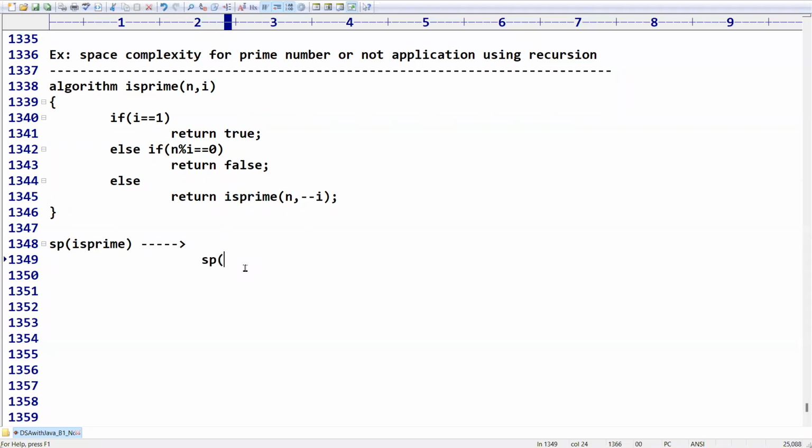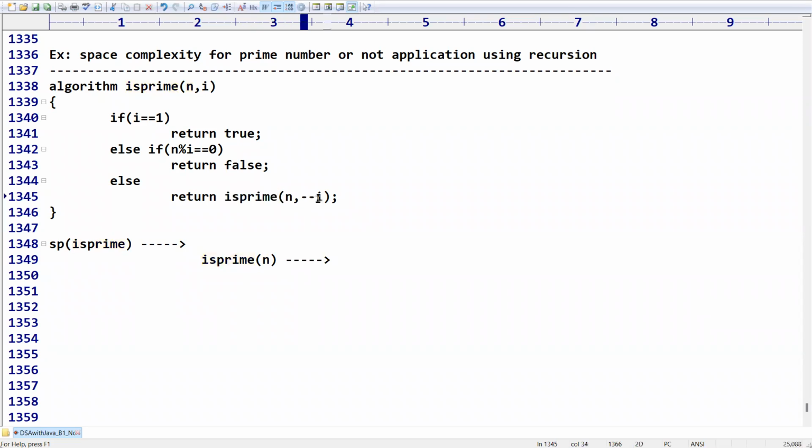Space complexity of is prime is equal to, first time, if you are passing some n value, then it is going to execute. Forget about these base conditions, we will verify later. It is going to check whether it is prime or not. If it is prime, what is it going to do? It is going to make a recursive call.